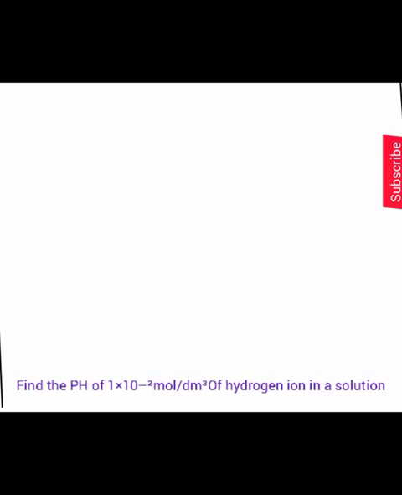So let's proceed. Find the pH of 1 times 10 raised to power minus 2 mole per dm cube of hydrogen ion. Then we know that our formula is pH equals negative logarithm to base 10 of the hydrogen ion concentration.